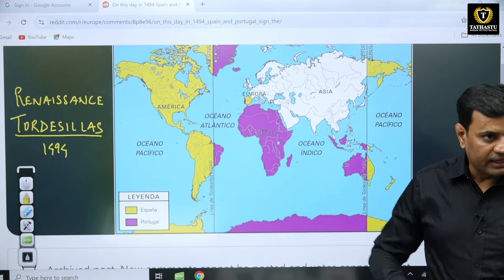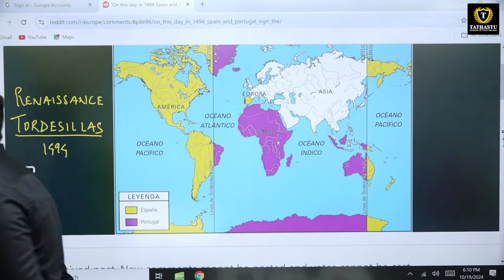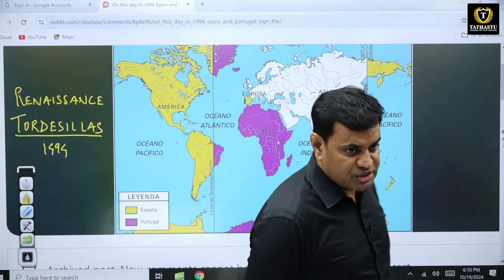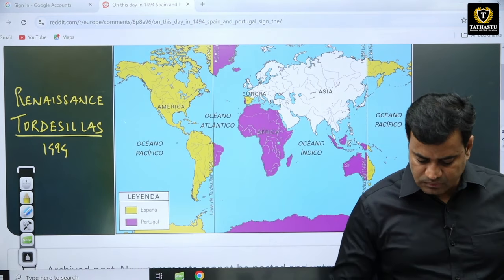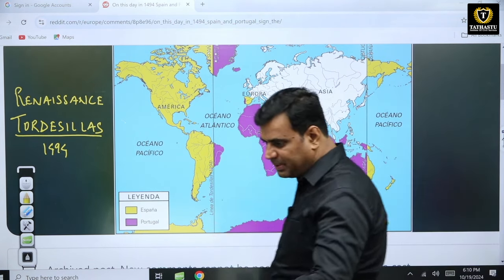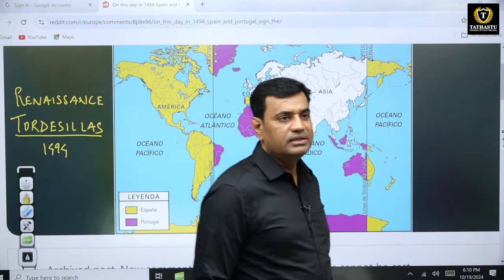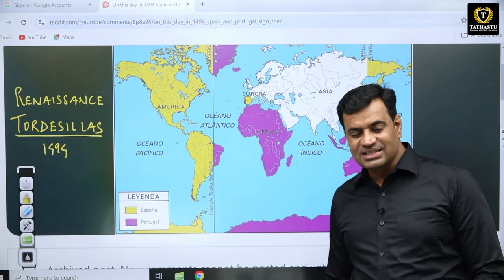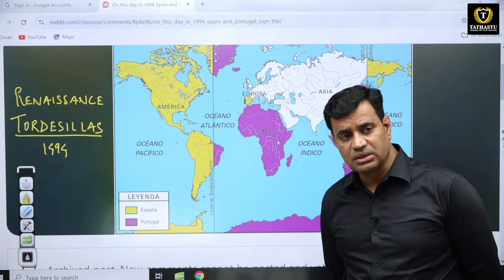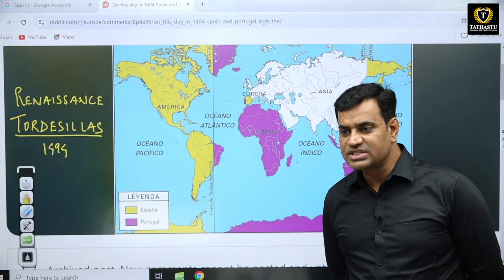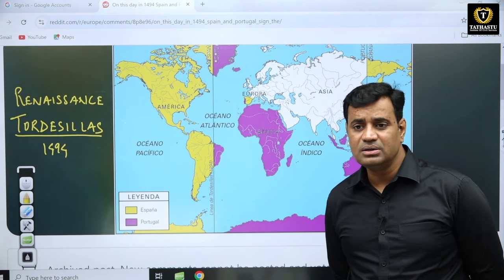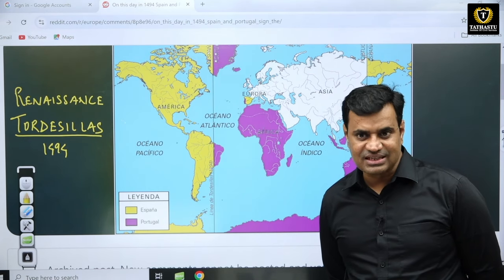According to this treaty, Spain decided to explore the western part of the world, whereas Portugal moved towards the eastern world.